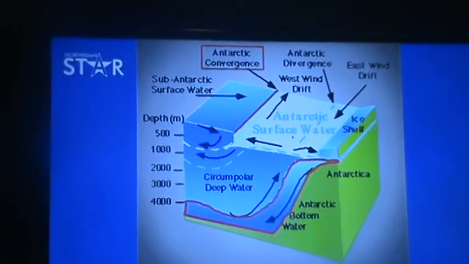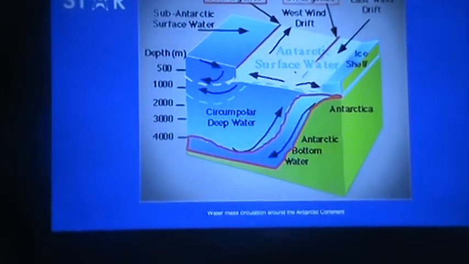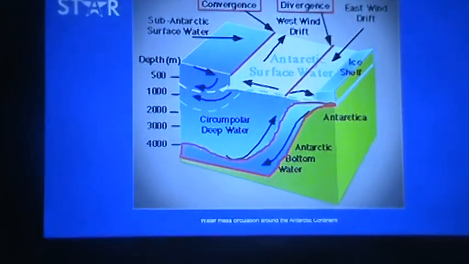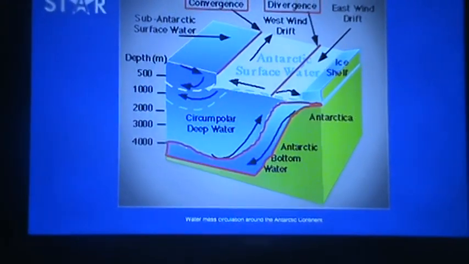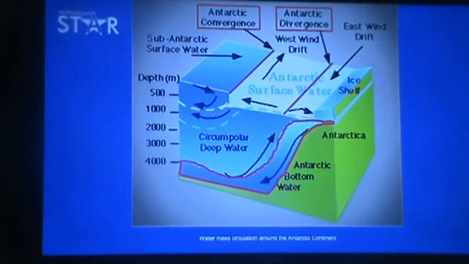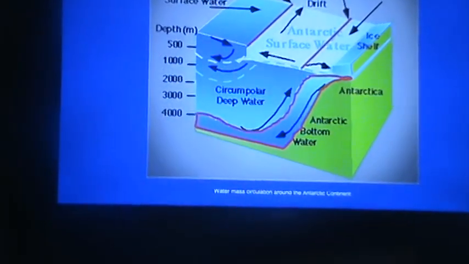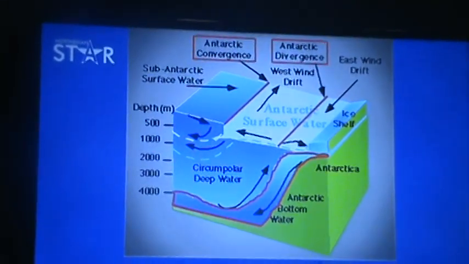Antarctic surface waters are in play, and those surface waters are separated by the east and west wind drifts, and that's where the Antarctic divergence occurs.